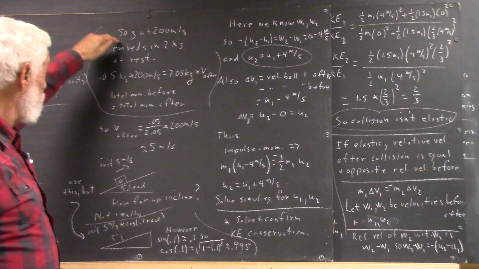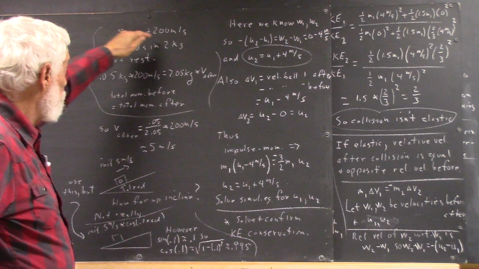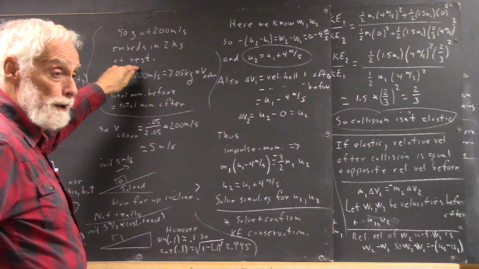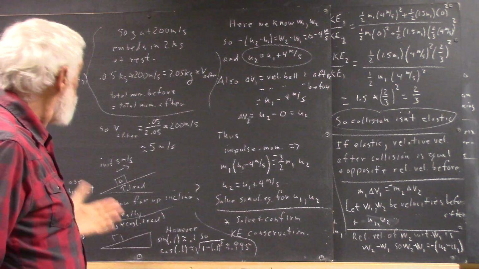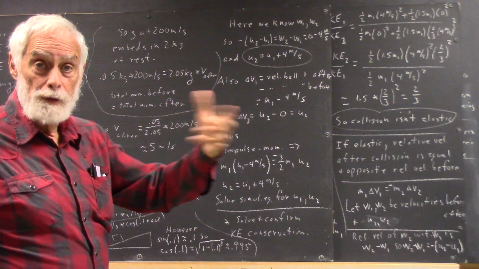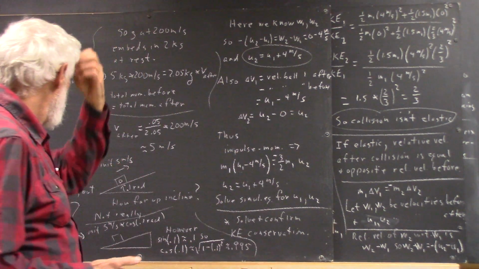Okay, so what we have is a 50-gram bullet moving horizontally at 200 meters per second. It embeds in a 2-kilogram block at rest. Then the question becomes, well, okay, what's the velocity immediately after the collision?